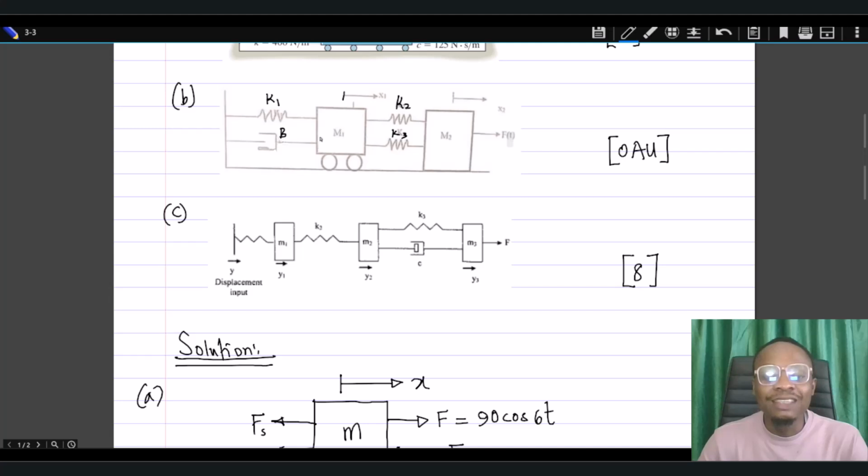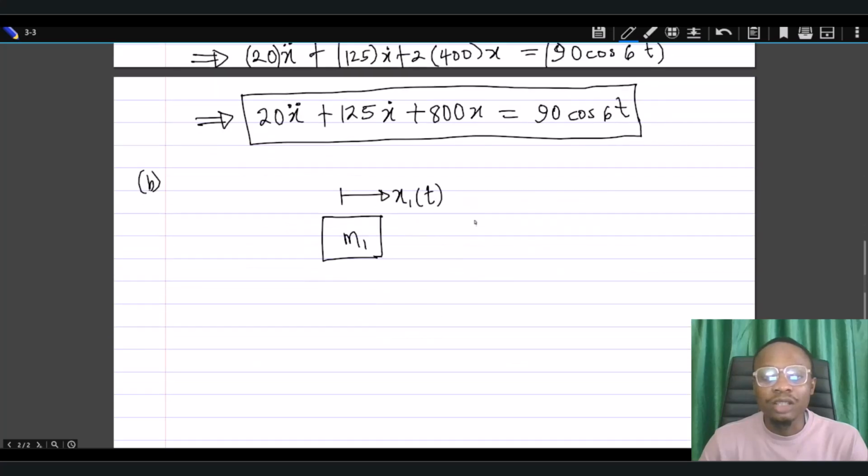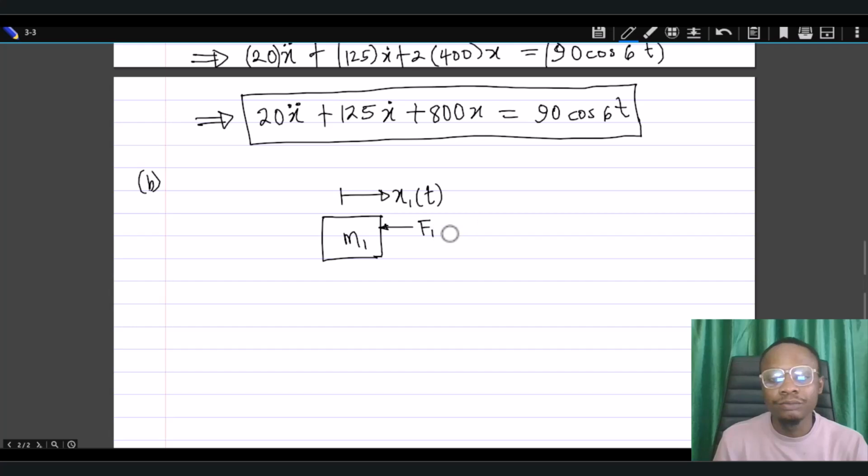So we know that if this is displaced to the right, all of this will oppose the motion. So they will all be directed to the left, including those due to k2 and k3, because this body is connected to k2, k3. So we'll indicate all of that now and direct them all to the left. So we put that here. That is the force due to k2, or spring 2 if you like, or that f sub s2.